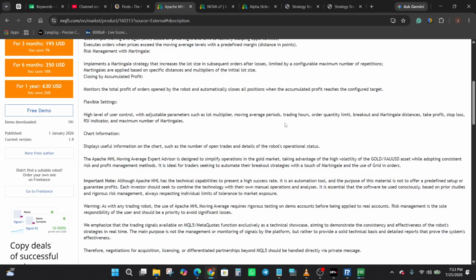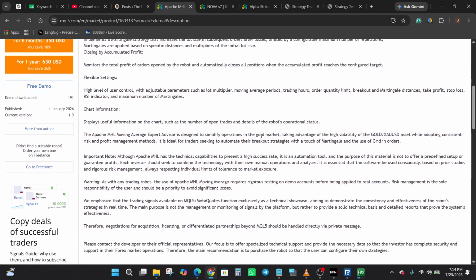There is also an on-chart panel showing the number of open trades and the EA's current operational status. The developer is upfront that while the tool has the technical capacity for a high success rate, it isn't presented as a guaranteed profit system and recommends combining it with the trader's own manual analysis and rigorous risk management.